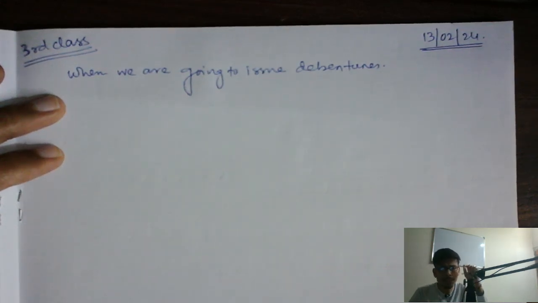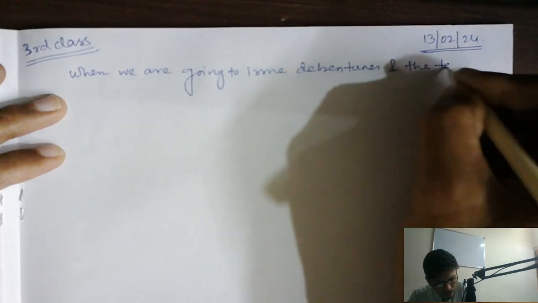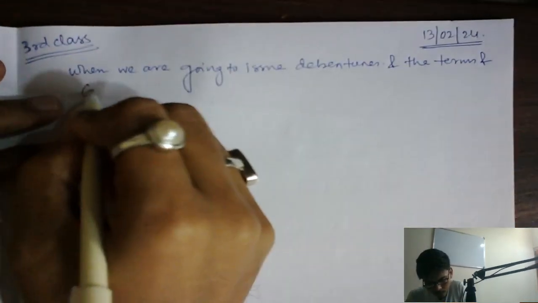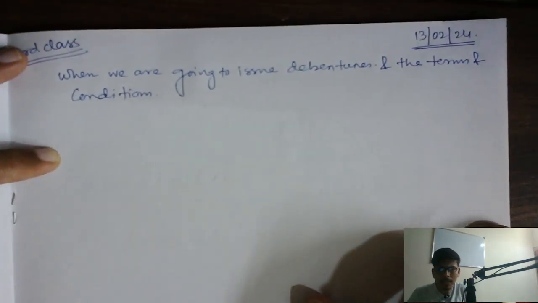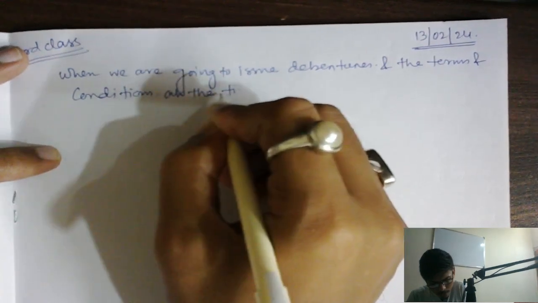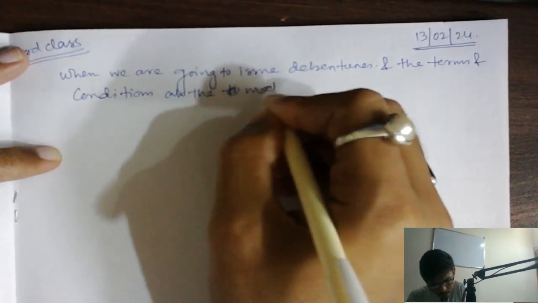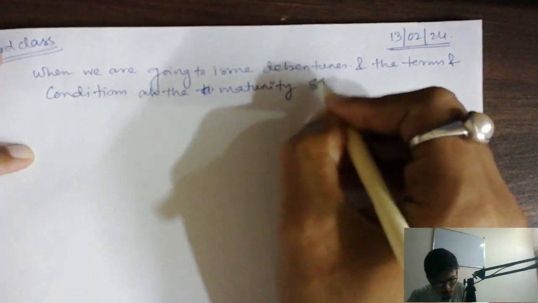But issuing the debenture is not the important part. For the purpose of issue of debenture, the redemption conditions and the terms should be mentioned in the debenture prospectus. So we are going to issue debenture and the terms and conditions at the maturity should also be mentioned.